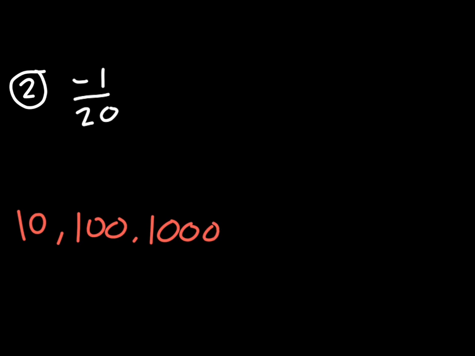For this example, we can choose to turn our denominator into 100, and to do this, we would need to multiply 20 by 5, as 20 times 5 gives us 100. So we will do the exact same on the top and multiply by 5. This then gives us minus 5 over 100.